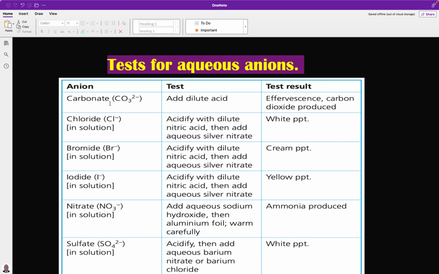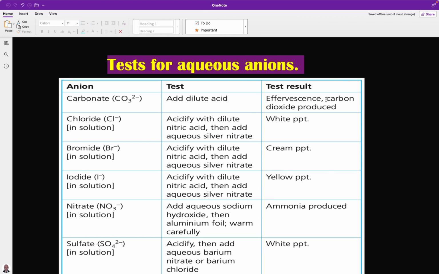You add dilute acid to it, and your observation is that there is effervescence, or what we call fizzing, or bubbles of gas being released. Then your conclusion should be that carbon dioxide is being produced.